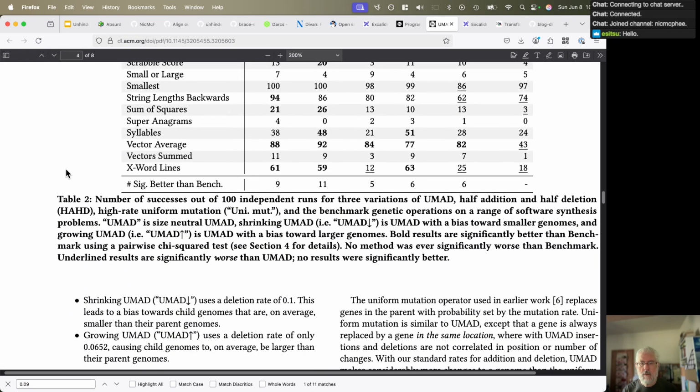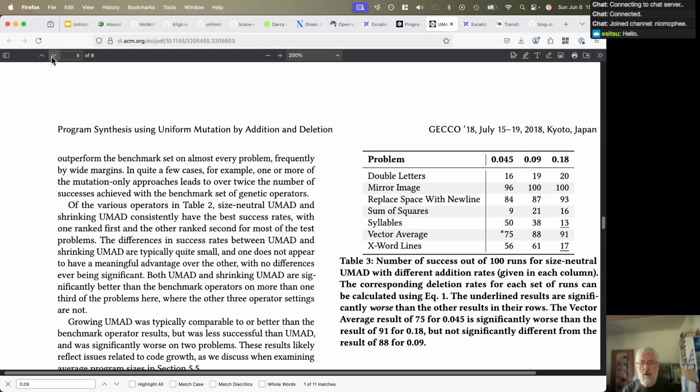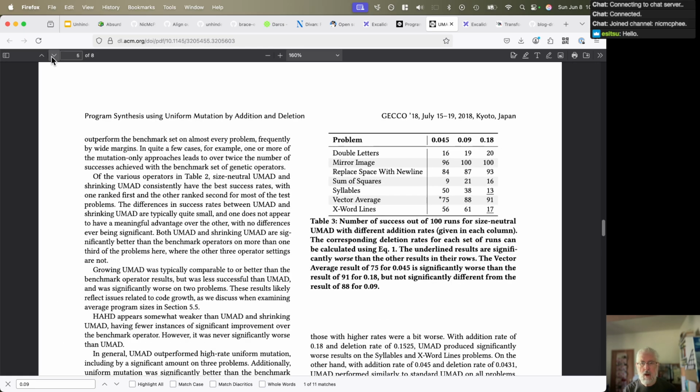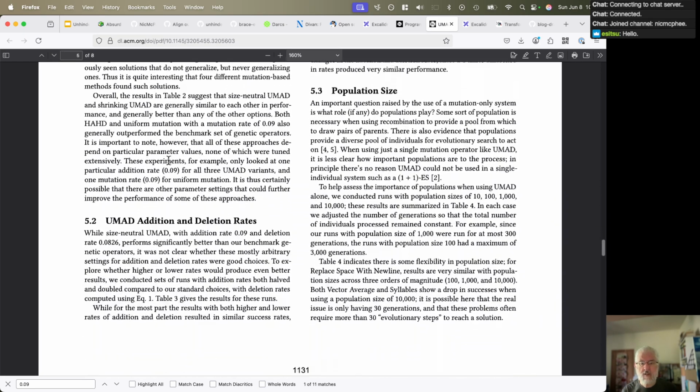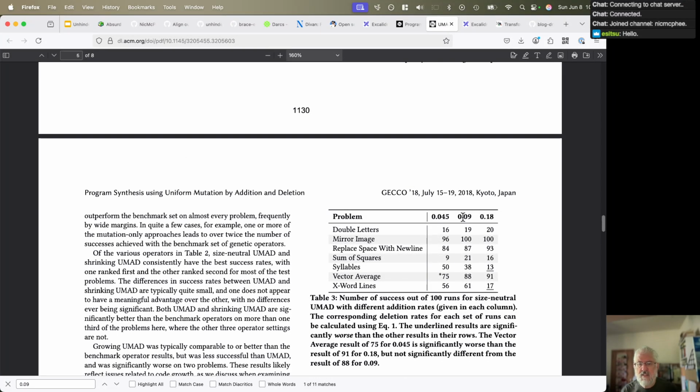Where is the 0.09 that it claims is on this page? I don't see it. Oh, well, there's one. It just didn't highlight it.